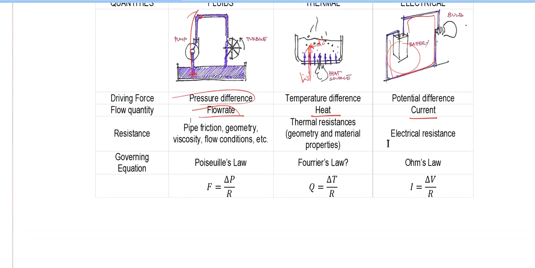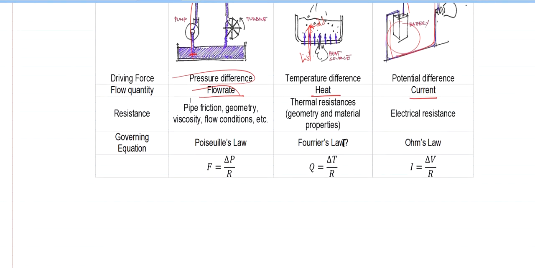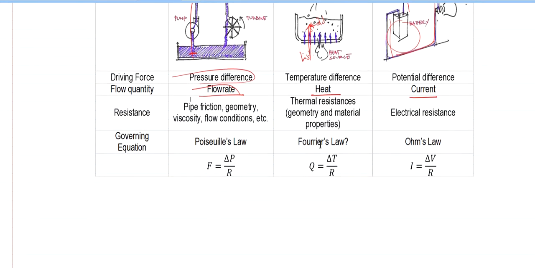We call this the electrical resistance of the wire, or if we have resistors. For thermal, there's going to be resistance related to geometry and material properties, just like in your heat transfer course. Let's say there is a solid wall right here, with high T on one side and low T on this side.